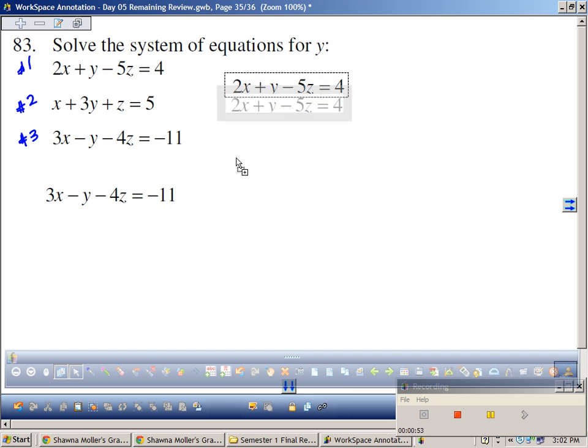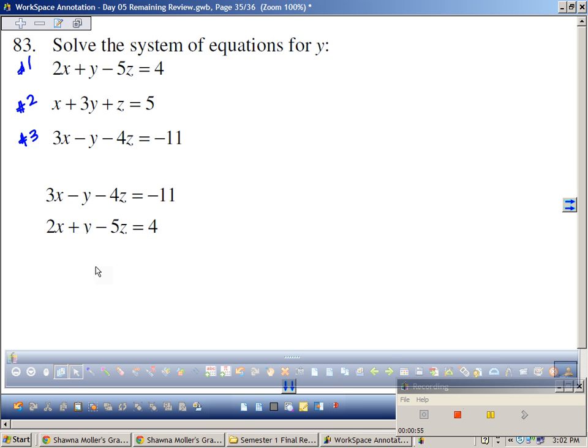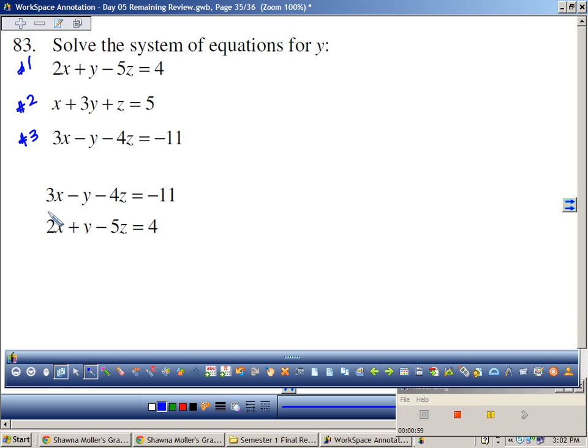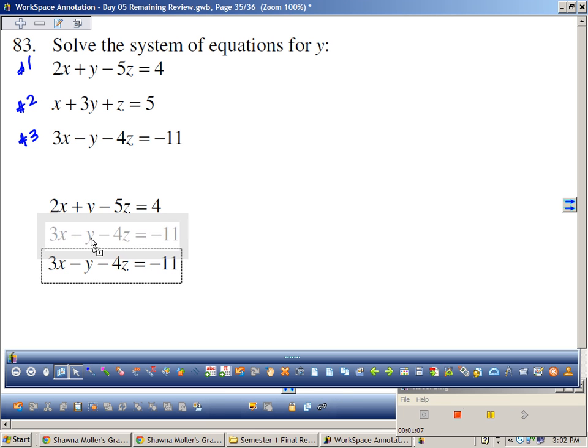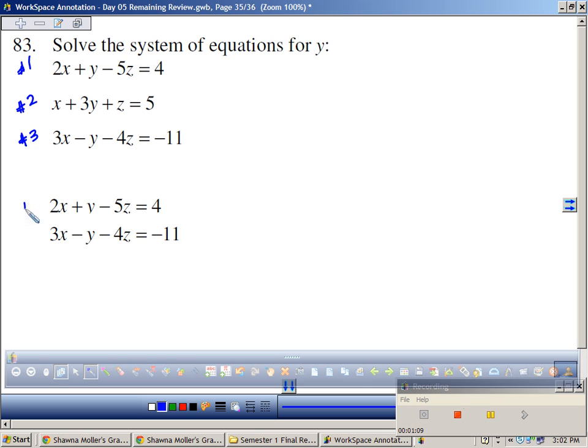I'm going to concentrate on these two and these two alone to make a new system. So I should put this one on top of this one. This one's number 1, and this one's number 3.